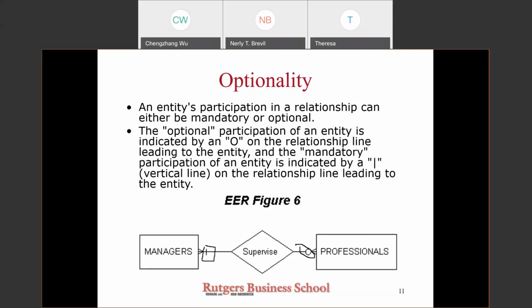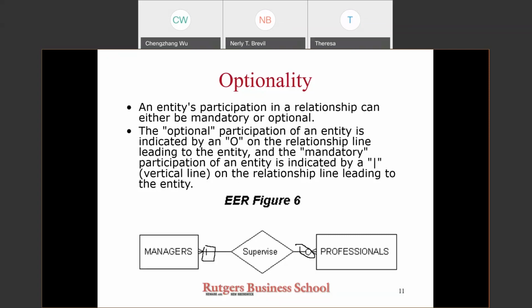So this slide shows that the participation of professionals in the supervisor's relationship is optional, and the participation of managers is mandatory.